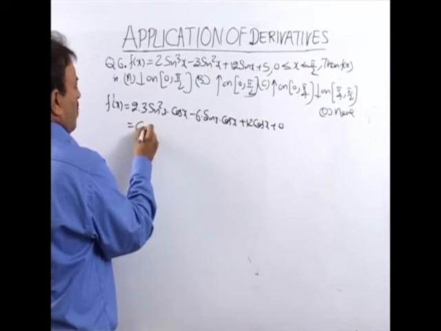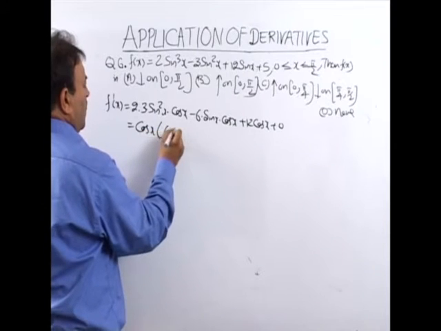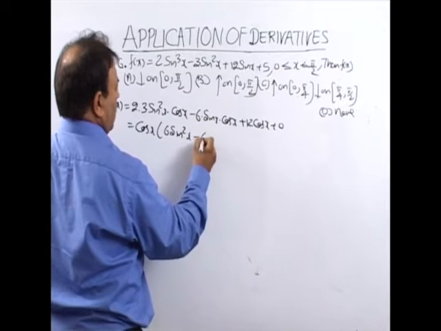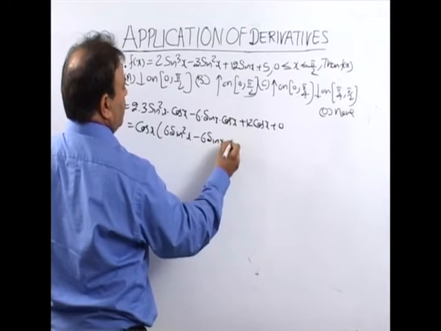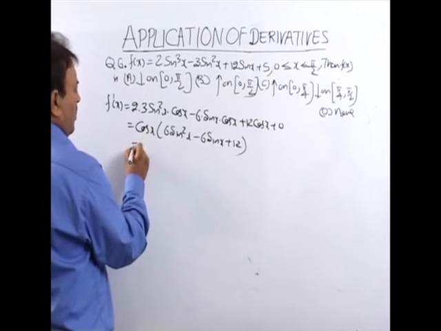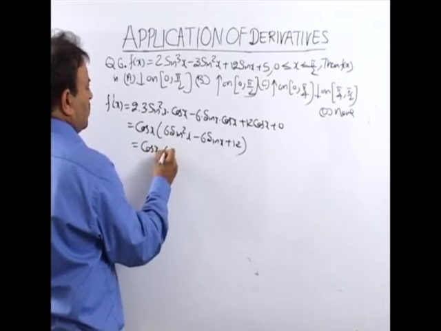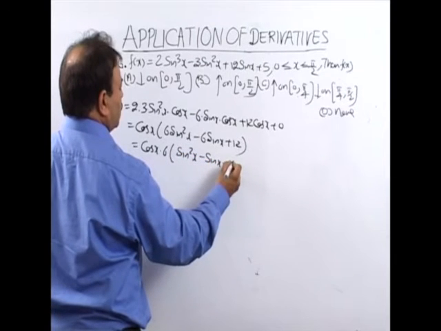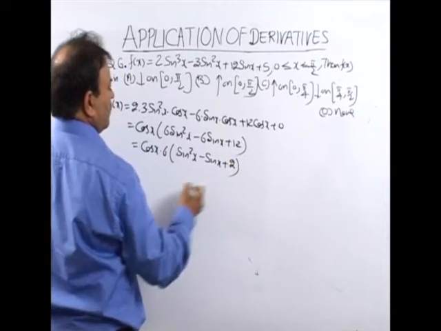Taking cos x common, we are left with cos x into 6 sin square x minus 6 sin x plus 12. This is cos x into 6 times sin square x minus sin x plus 2.